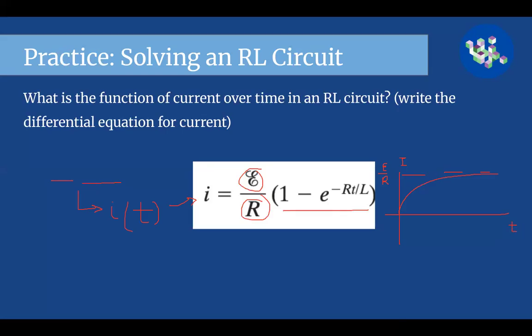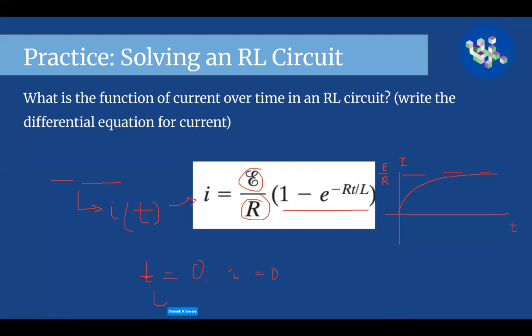And you can also see the cases we talked about previously. At t equals 0, if you plug in t equals 0, you're going to get I equals 0 because the inductor is acting like an open switch in a sense. So it'll block the current, so I will become 0.